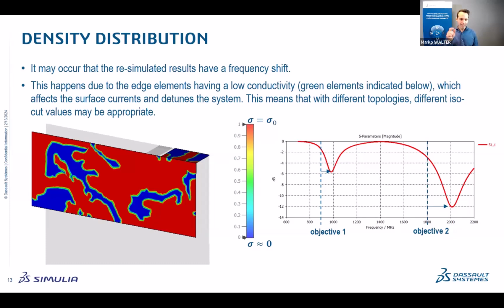So every element essentially is sensitive to some degree to my objective function or my constraint. And this adjoint sensitivity approach has a very good track record for efficiently optimizing large problems. So we're talking about being able to address thousands to even millions of design variables in just a few optimization iterations. Okay, so that's some context for why we use these density distributions.